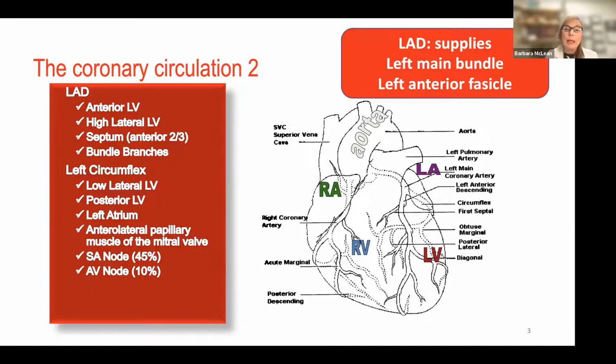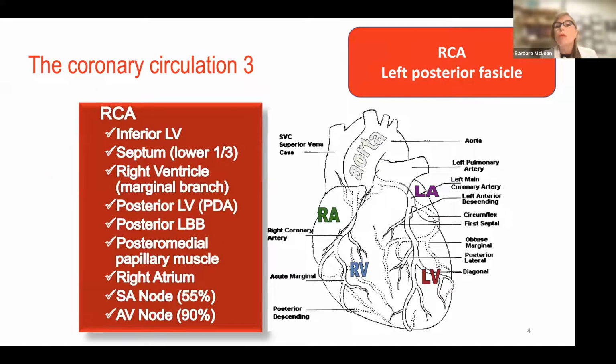But it is really important to remember that for the majority of persons, the majority of anatomies, the right coronary artery, which comes off the right cusp of the aorta and descends down, supplies the whole right ventricle, the inferior wall of the left ventricle, and for most individuals, supplies the majority of the AV junction and also supplies the posterior division of the left bundle.